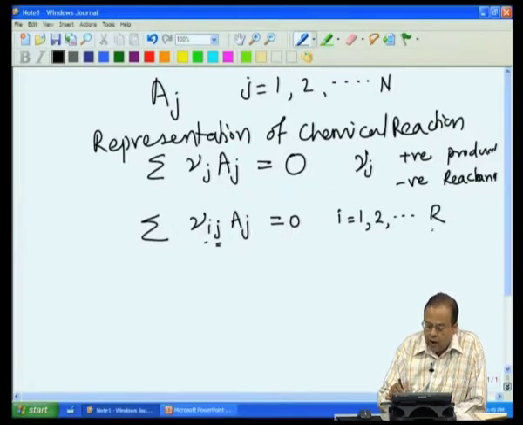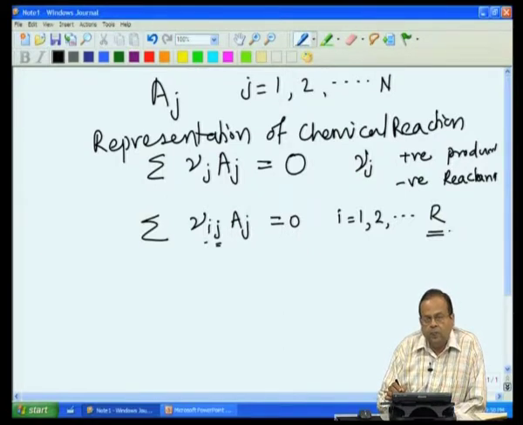Now, why r reactions, or what are these r reactions? The reactions that we are interested in and will focus on while representing this generalized form are only independent reactions. So, we do not want the same reaction, represented by multiplying all the stoichiometric coefficients by a constant number except 0, to be part of our reaction scheme as two separate reactions.